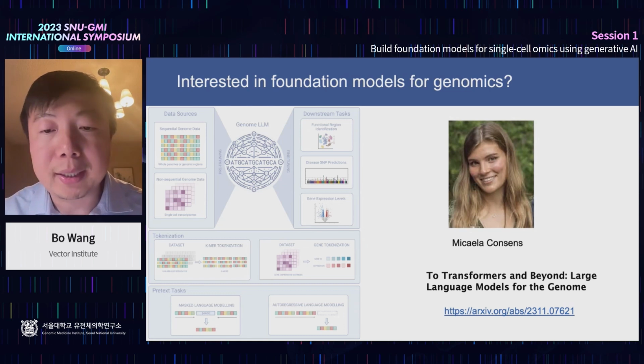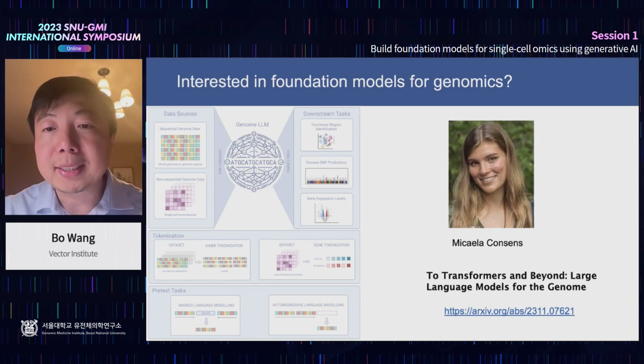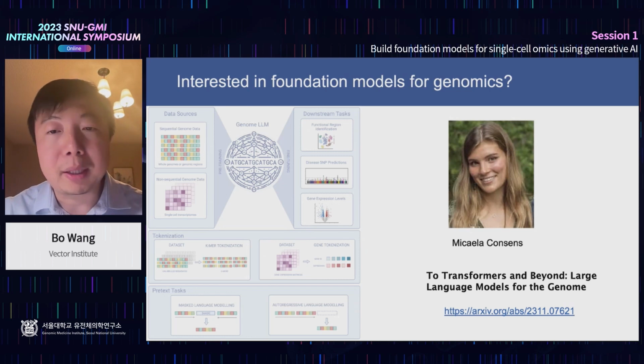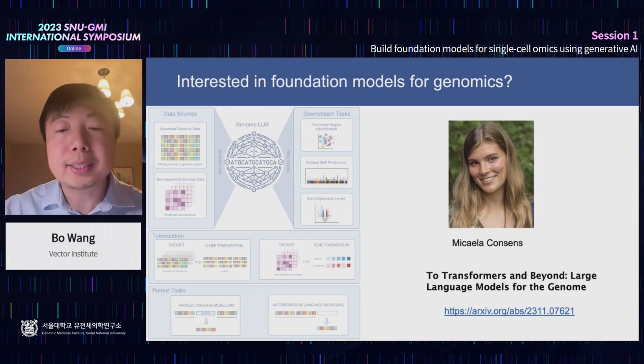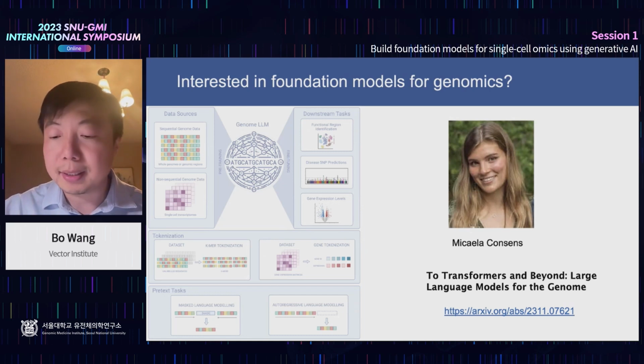So last week, Micha, who is a PhD student in my lab, and I published a review paper on arXiv entitled Two Transformers and Beyond: Large Language Models for the Genome. In this review, we provide a thorough technical survey of a variety of foundation models based on transformers in genomics, such as DNABERT, Enformer, BigRNA, Geneformer, and including our scGPT as well. So if you're interested, feel free to look at this arXiv link and read the review paper.